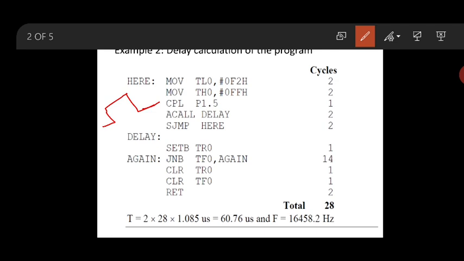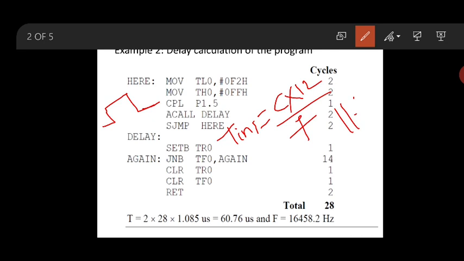As we know, when I want to calculate the time duration of the program, there is an equation we have previously seen: T in ns is equal to C into 12 divided by frequency. Now we considered the frequency to be 11.0592 megahertz.